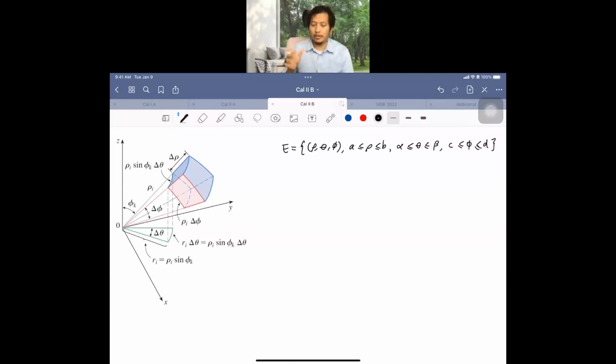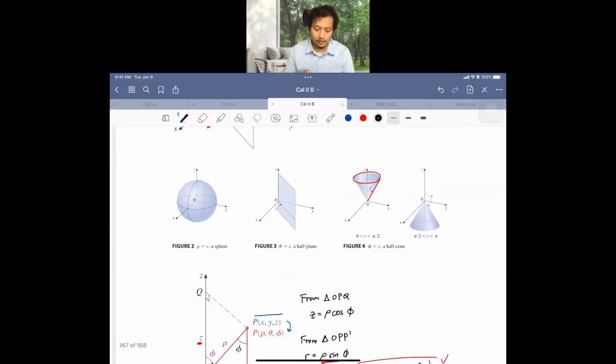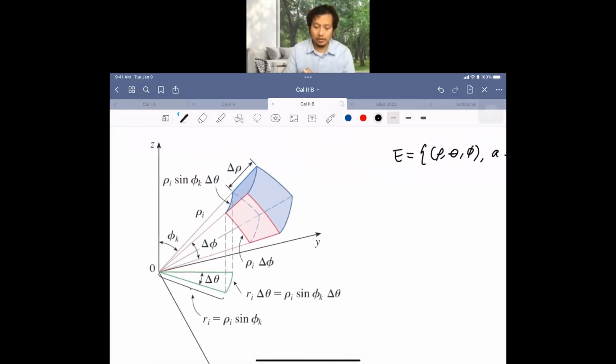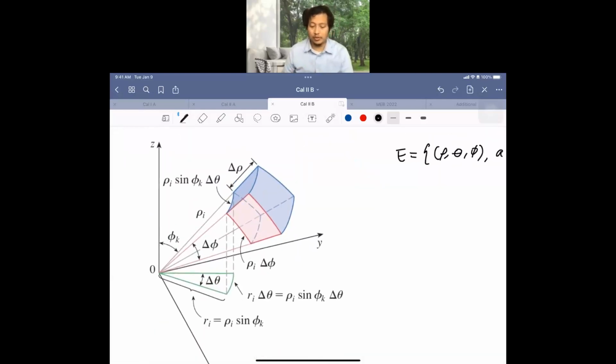Let's say this is our interval. If we slice this sphere and take just small pieces, we slice using some delta in the radius, the delta rho. We also have the delta phi and the delta theta.